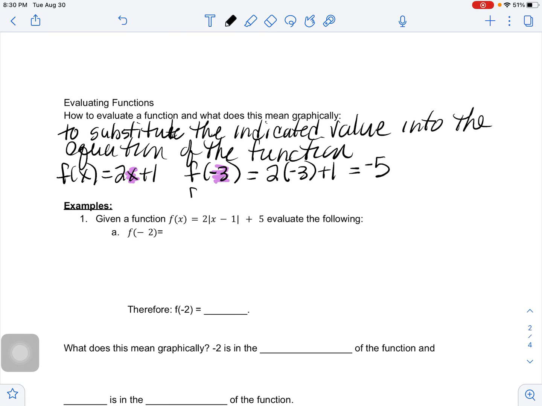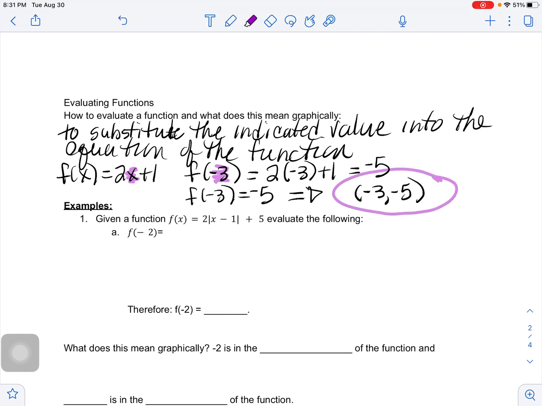Now, this notation, f of -3 equals -5, will translate into the following. On the graph of this function, there will be the point -3, -5 in the coordinate plane. So -3 was my input, -5 was my output, and that creates the point -3, -5 on the graph.